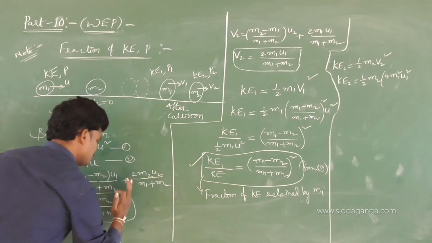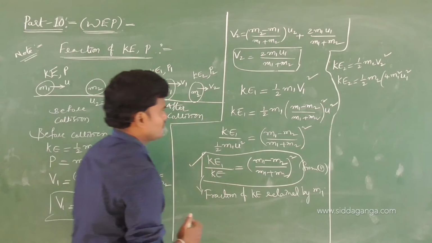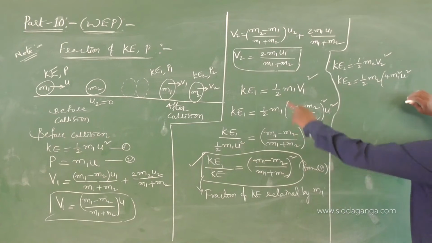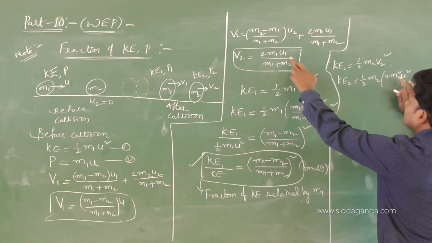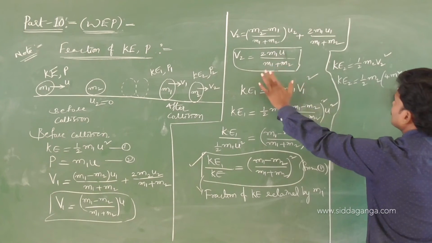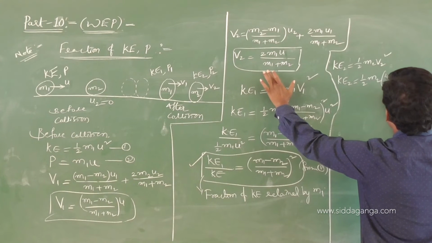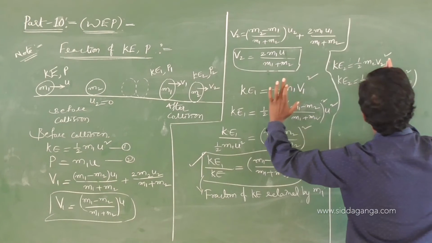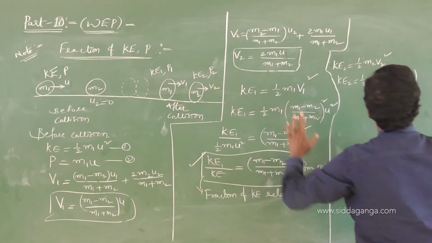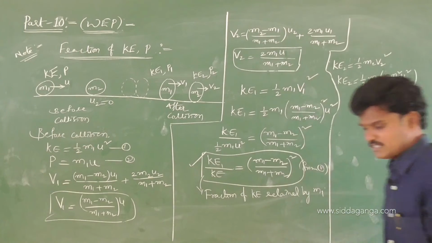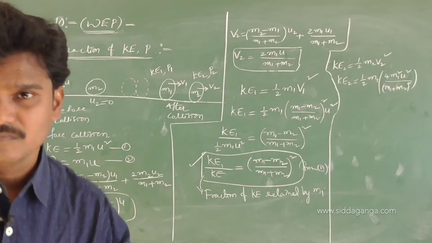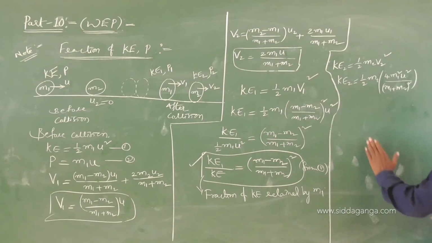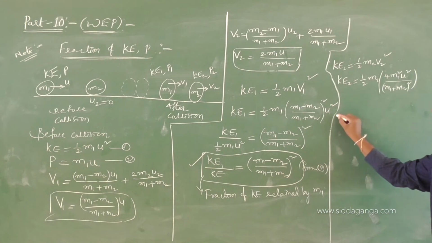Here u1 is u, so 4 m1 square u square by m1 plus m2 whole square. Got this one? So on the left side is KE2.